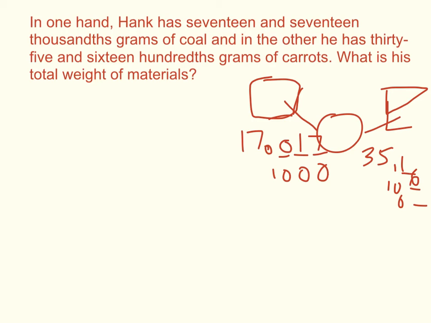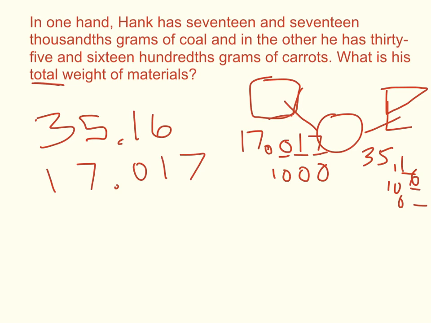So total weight, total is a clue word that can mean addition or multiplication, but he's just got two values here, and I'm combining them. So I'm adding that together. So it would be 35.16, 17.017. Need to add myself in a 0 there, so they have equivalent place values.